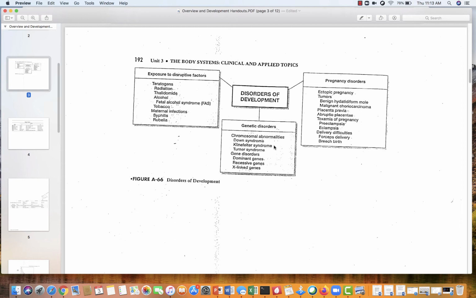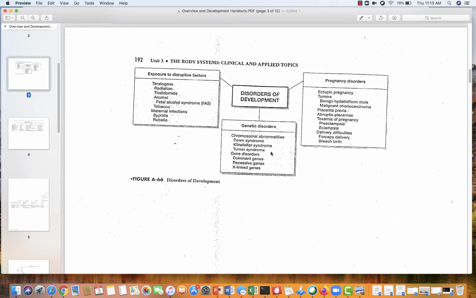And in that case, there can be a variety of issues that arise, but one typical issue that arises due to that presence of an additional X chromosome is the development of female characteristics like development of breast tissue that you would typically see in a female.